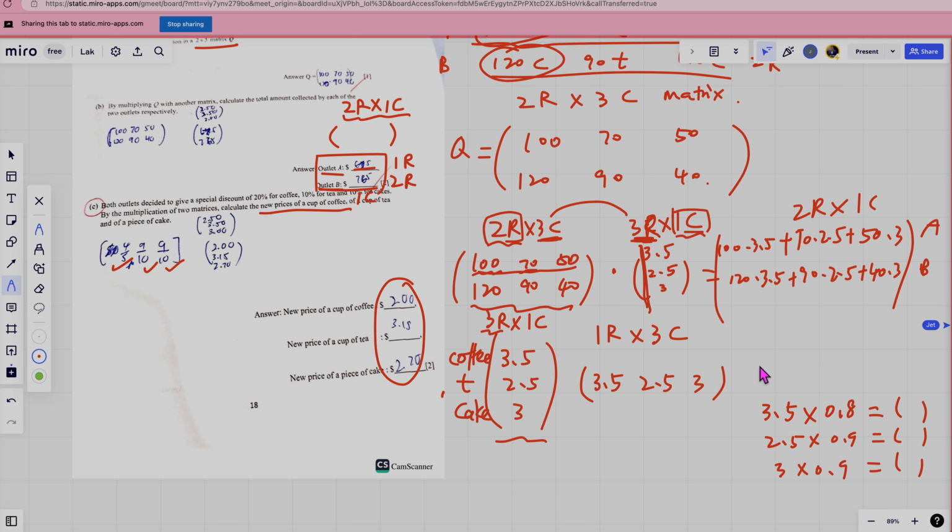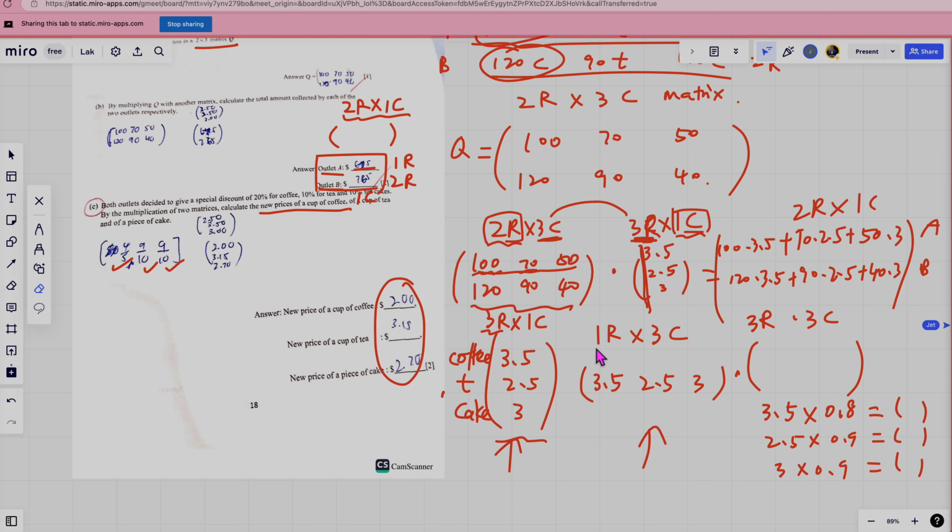But somehow you need to think how you can do it. So just now we can use this, or we can use this 2 times. But in order for the multiplication to work, you need to have a 3 row, and then you can have a 3 column.